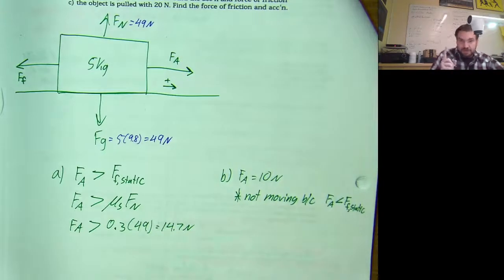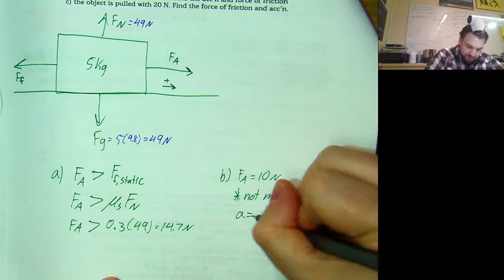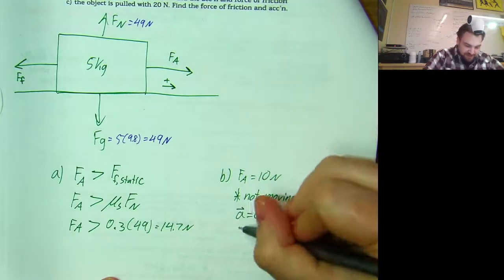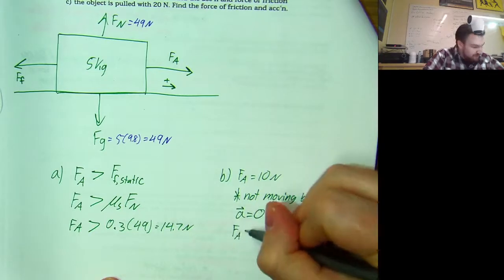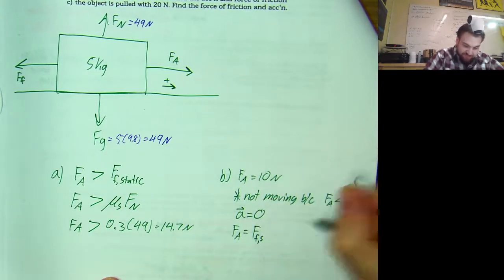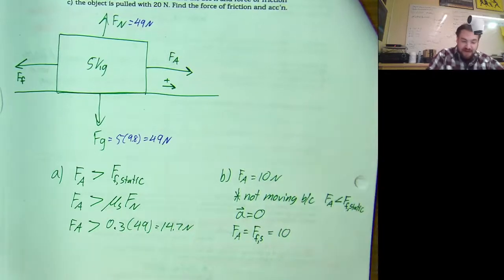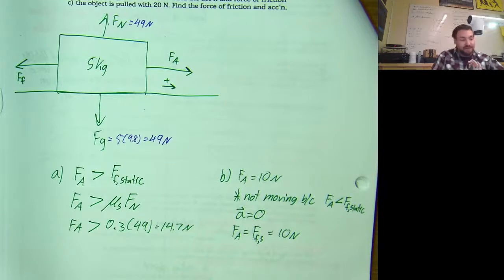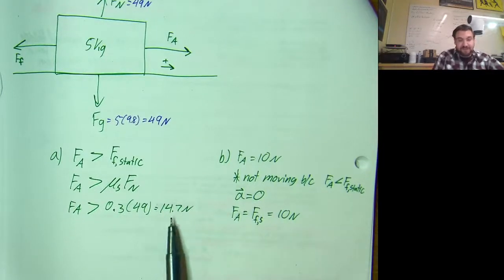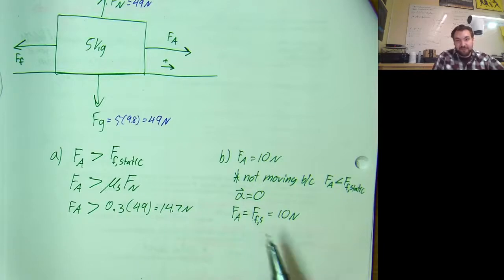Okay, what that means is my acceleration is 0. What that also means is that Fa must equal my force of friction static. It's important to think about what the results actually mean. My force of friction isn't just 14.7. It's equal and opposite to my applied force in this case.